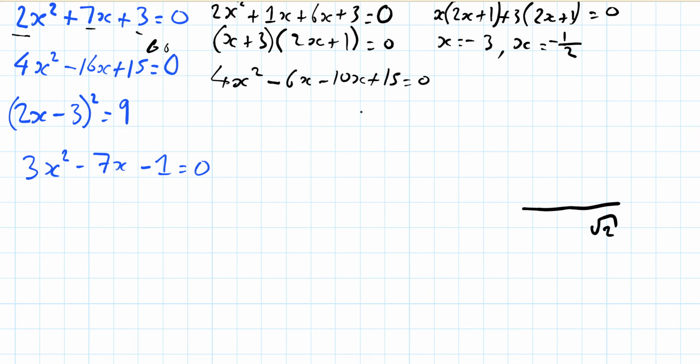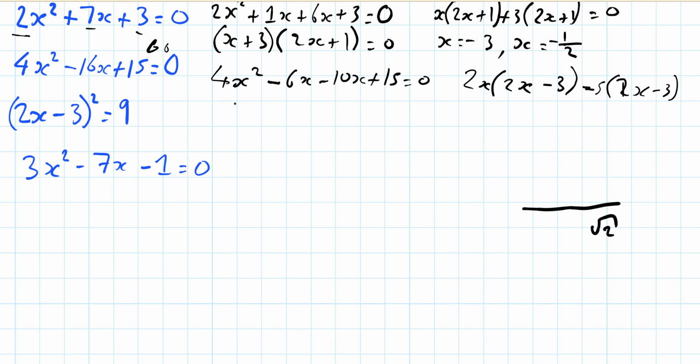So here we're gonna do 2x and then 2x minus 3, and the same on this side, 2x minus 3, and that is multiplied by minus 5.